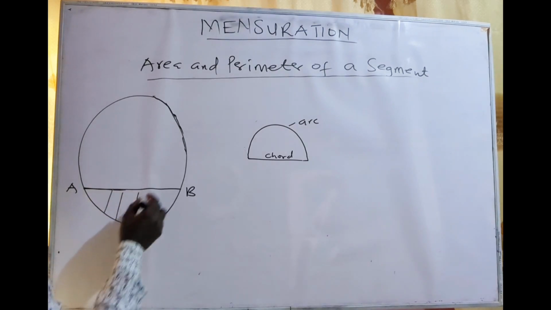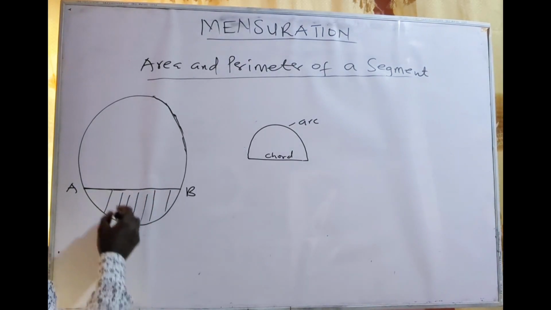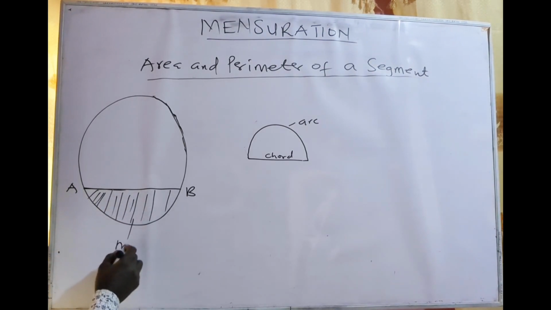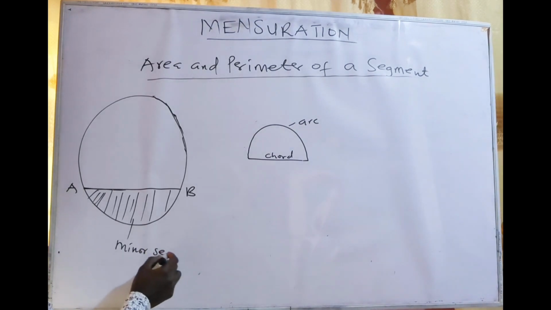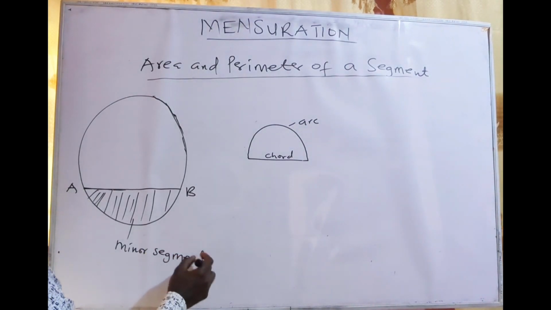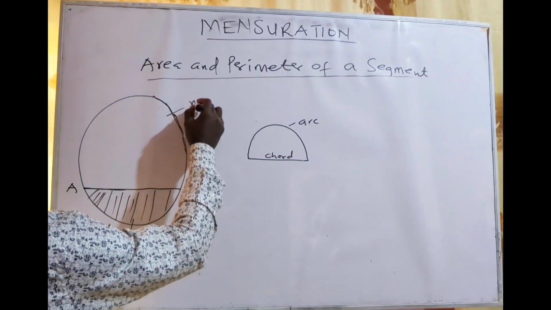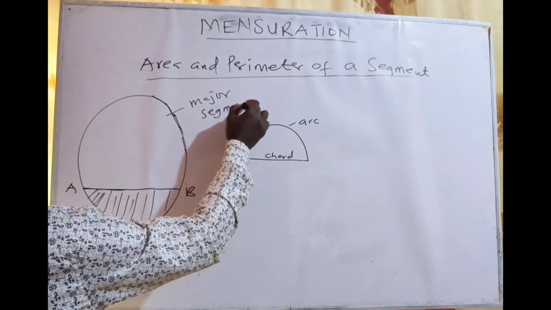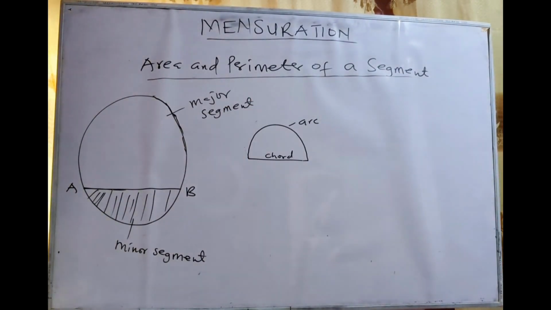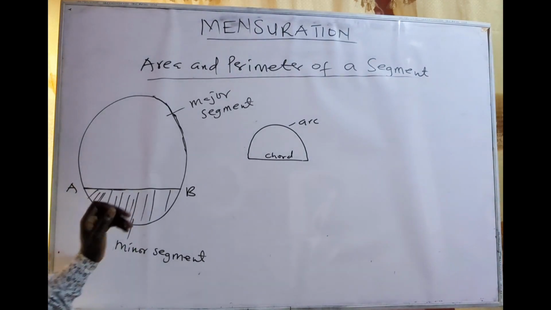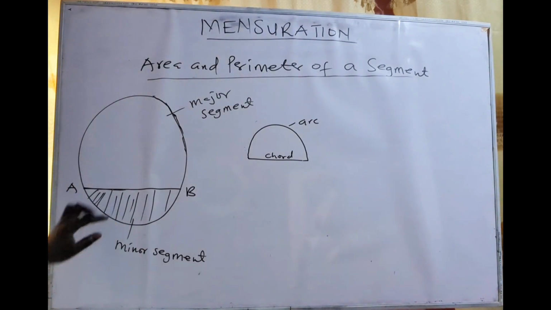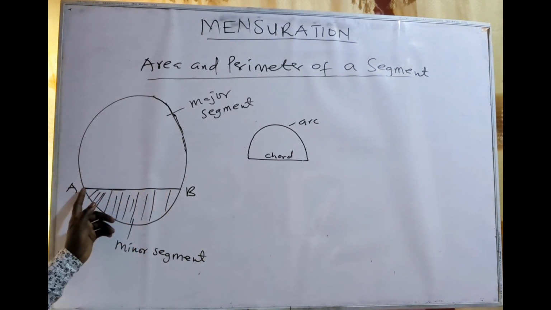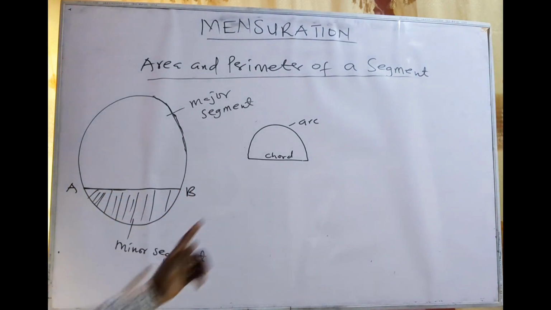Let me shade the minor segment. So the shaded portion here is the minor segment, and the unshaded portion is the major segment, so that we can differentiate between them. So the segment actually consists of a chord and then an arc.